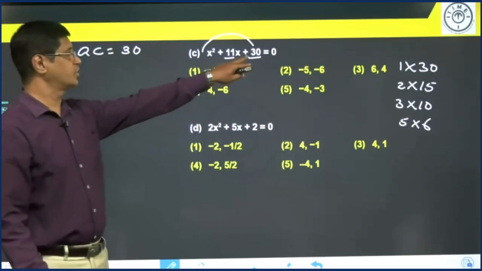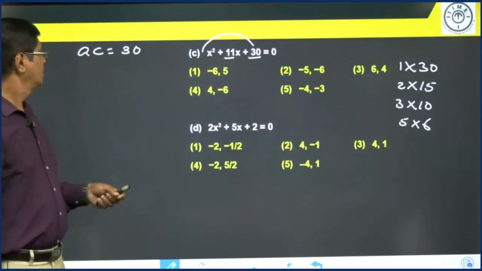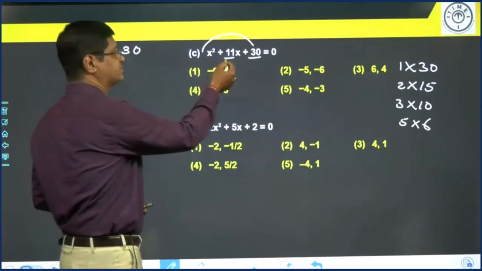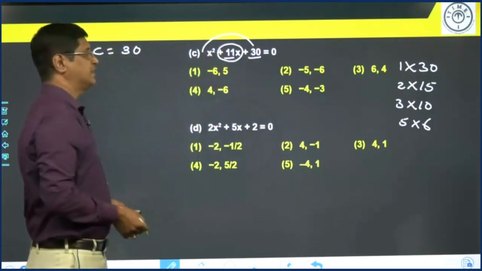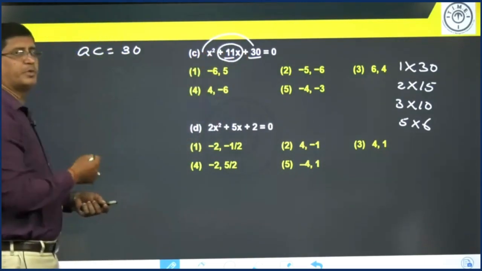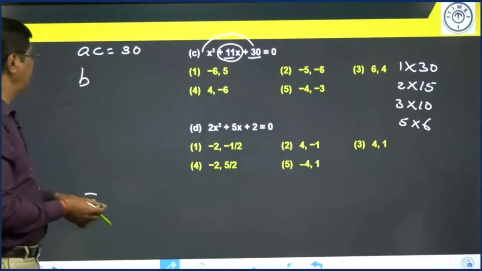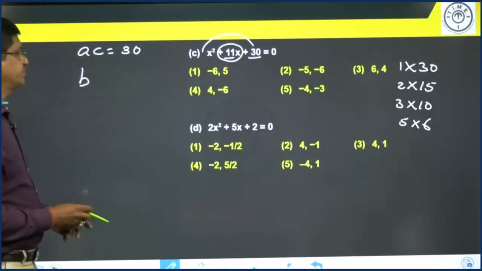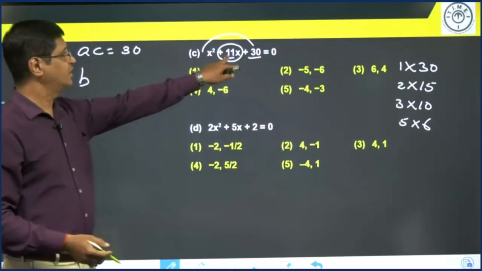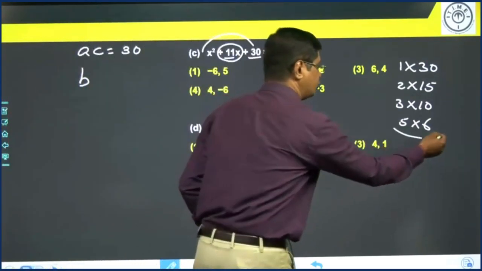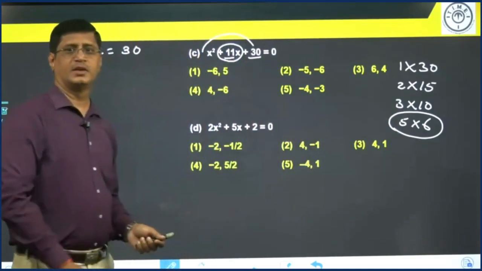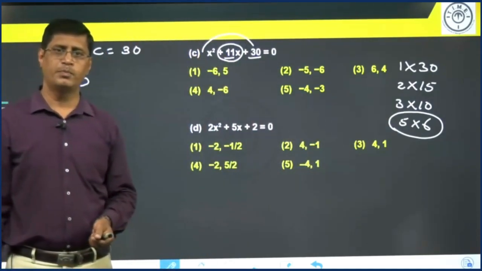These are the possibilities of getting 30 as a product. Now what is the B value? Plus 11. Plus 11 means we get 11 by adding two factors. 5 plus 6 is equal to 11.